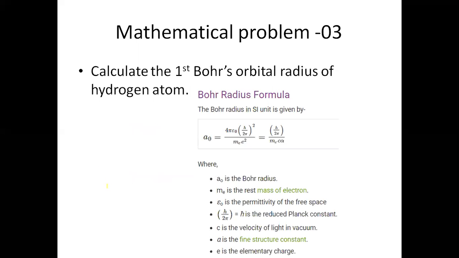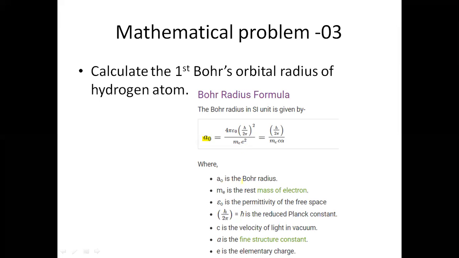Our next problem is to calculate the first Bohr orbital radius of the hydrogen atom. We have to calculate the Bohr radius, and we have the equation a naught is equal to 4 pi epsilon naught (h by 2 pi) squared divided by m e squared.